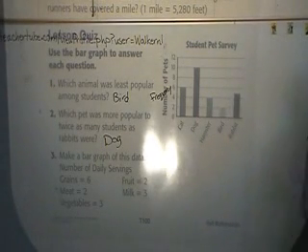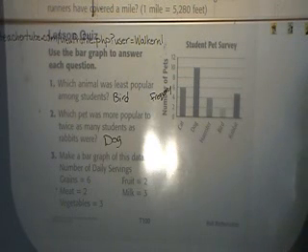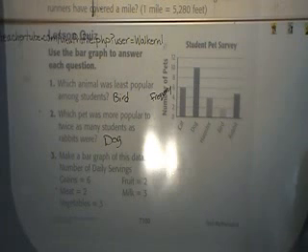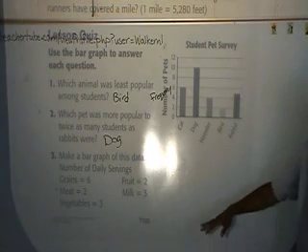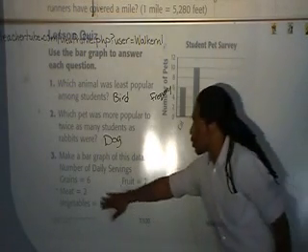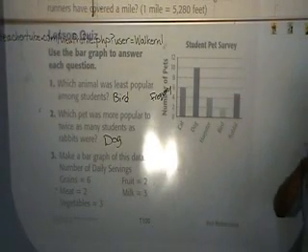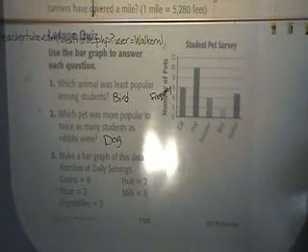And then question 3 asks us to make a bar graph using this data. Now, this is where your range can be helpful. Using the range, you want to look at the range of your frequencies, of your responses, to make sure that we cover all of our data points.